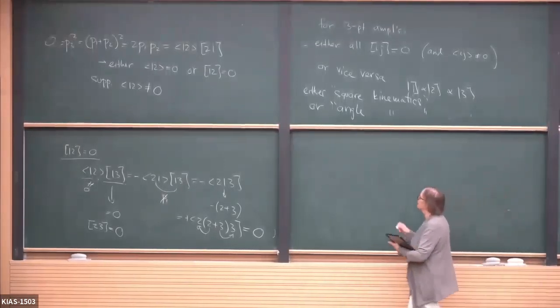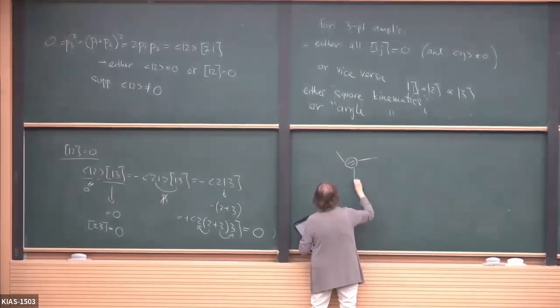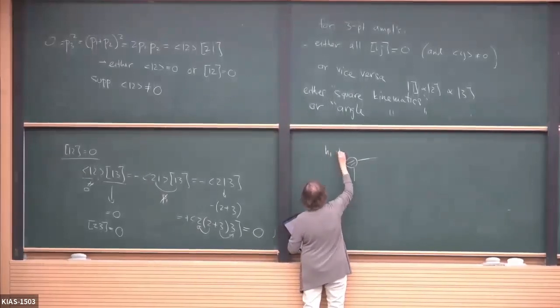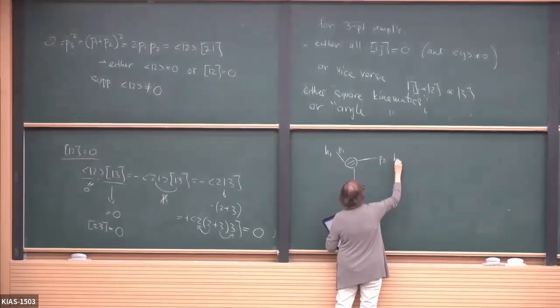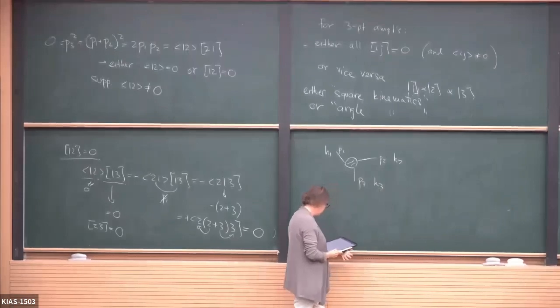Okay, so let's say we have some massless 3-point amplitude, and the external legs are P1 with helicity H1, P2 with helicity H2, and P3 with helicity H3.